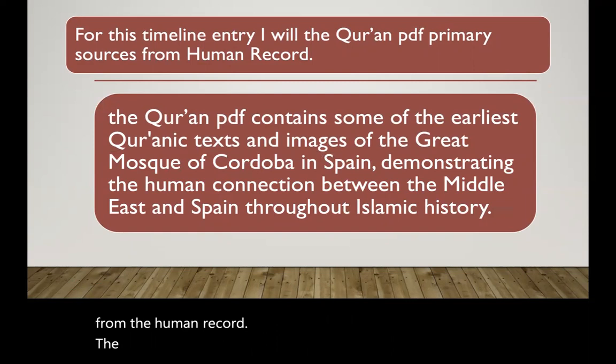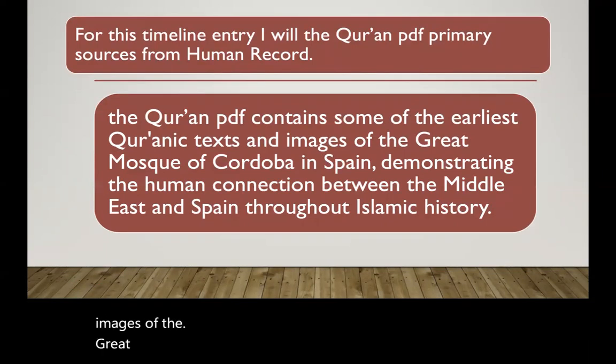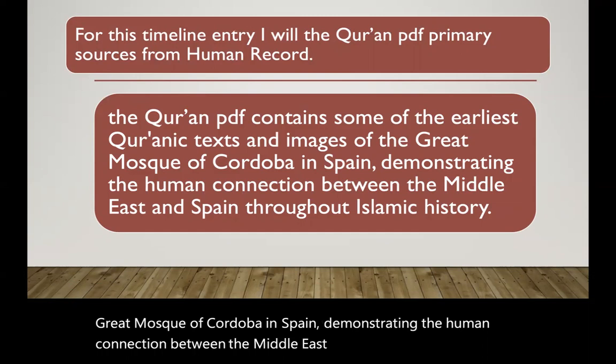The Quranic PDF contains some of the earliest Quranic texts and images of the Great Mosque of Cordoba in Spain, demonstrating the human connection between the Middle East and Spain throughout Islamic history.